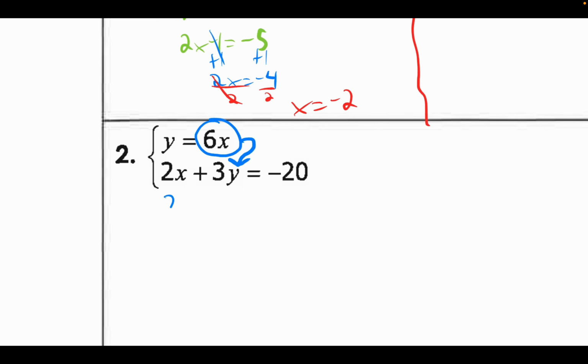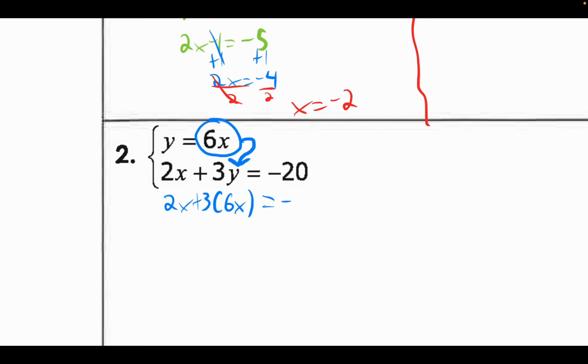And so instead of 2x plus 3 times y, it's going to be 2x plus 3 times 6x. Because y was multiplying with 3, 6x will do the same exact task. And we don't still write the y, we replace or substitute the y for 6x.